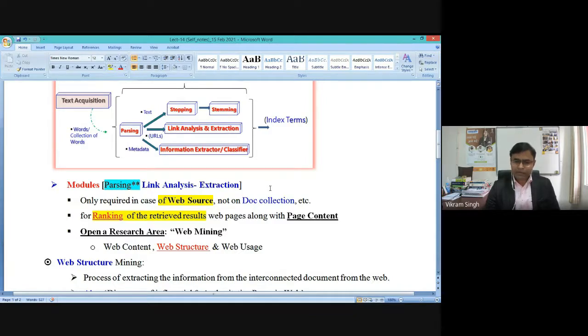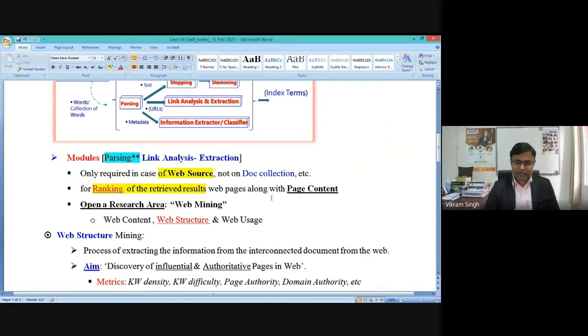We have emphasized one aspect: link analysis gives you some kind of importance of web pages, to perform ranking on the retrieved results, right? Naturally, to rank the web pages, we can use page content, but along with page content, we can use PageRank values, right?